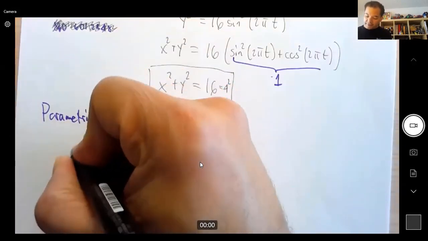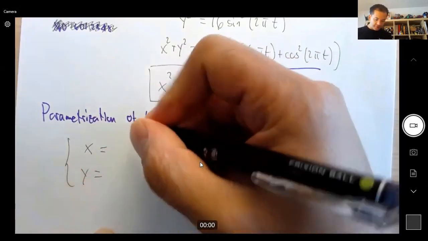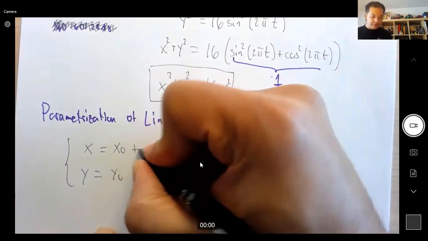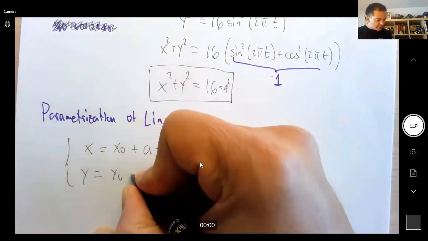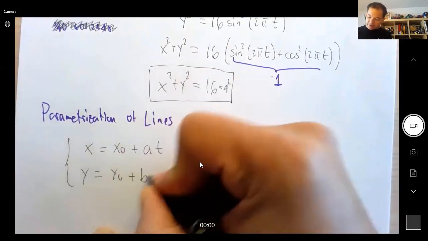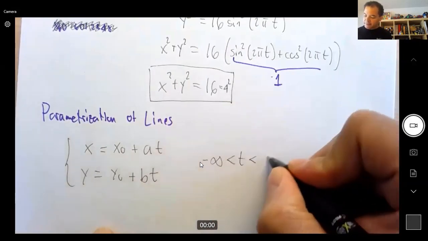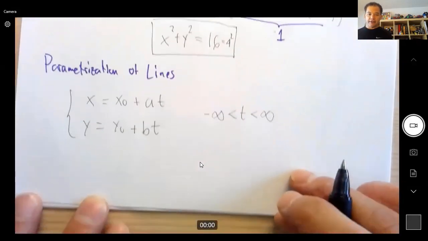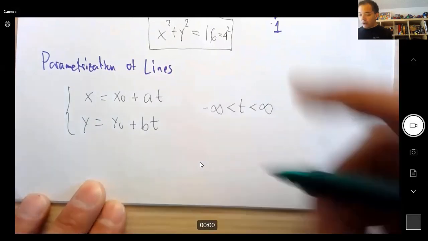They all look like this: x is some special point x0 plus some constant a times t, and y is y0 plus some constant b times t, where t ranges from negative infinity to infinity. This is how you parameterize lines. And the picture that you should have in mind is the following. This line will go through the point x0, y0.